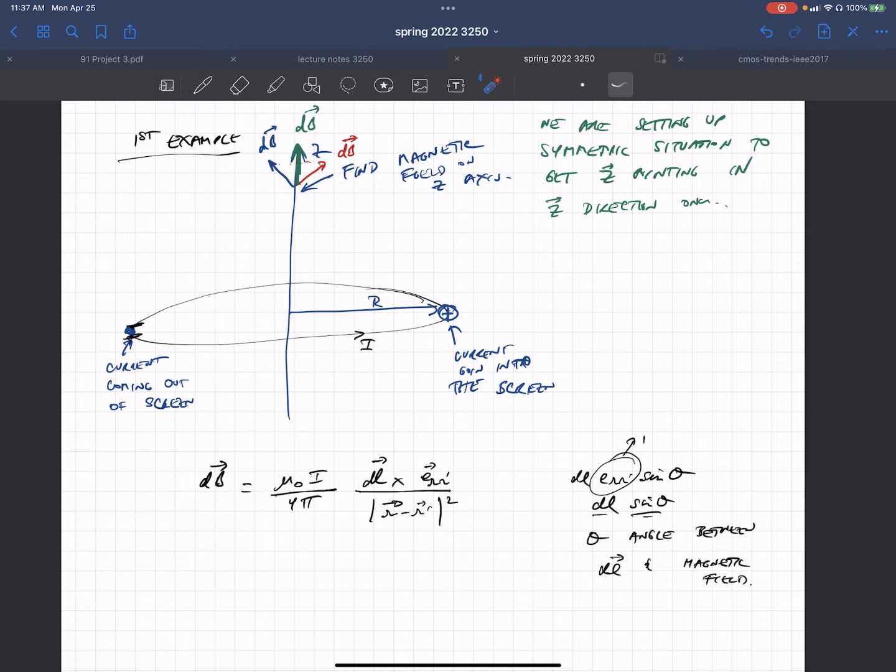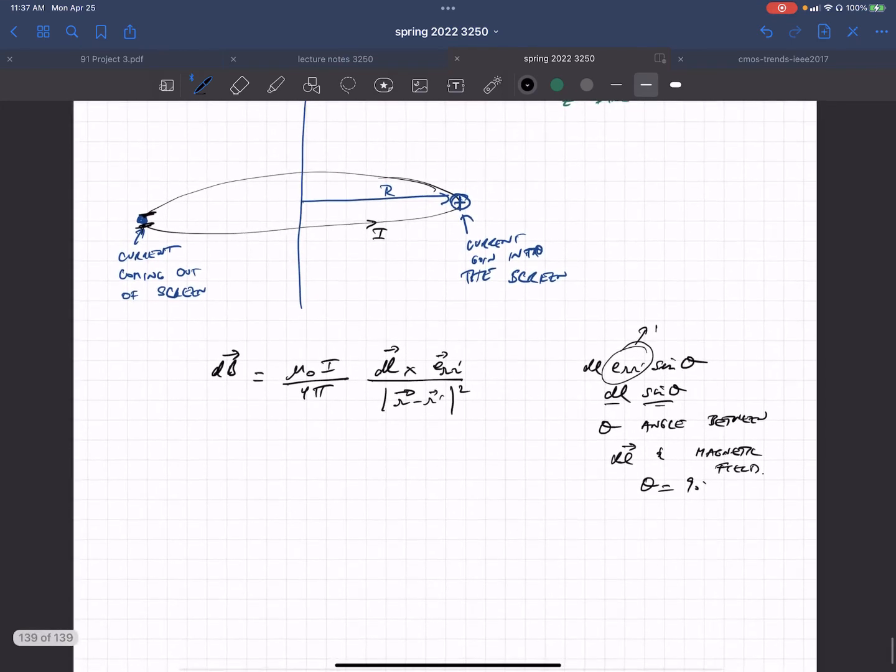So if you have something coming out of the screen, and you want to know its angle with respect to anything on the screen, the angle between those two is always going to be perpendicular. So there is room for some confusion in this cross product. But we're trying to figure out the magnetic field on the screen, and this guy's coming out of the screen. So theta is going to be 90 degrees, and sine of theta is equal to 1.